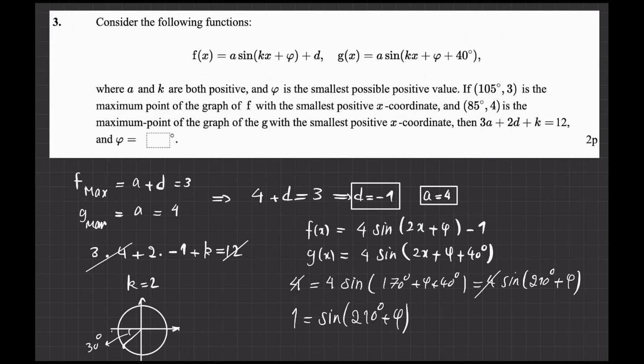But my goal is to reach sine equals 1, so it means the y coordinate should be 1. So I have to go forward until I reach the highest point of the unit circle in which the y coordinate is 1. So how much should I travel? From here to here is 180 degrees, and this one is 60 degrees. So it means that I have to go 240 degrees more. So the smallest possible phi is 240 degrees.